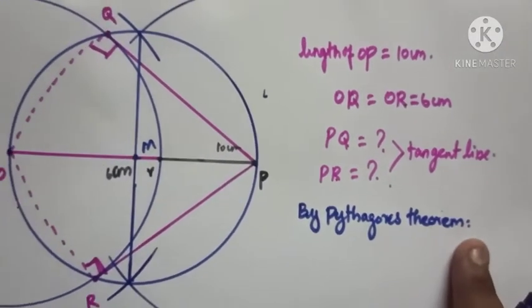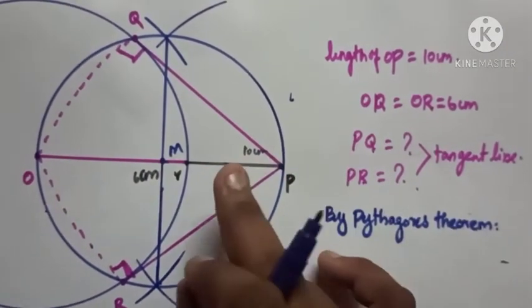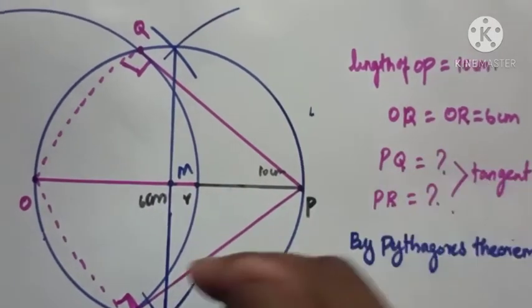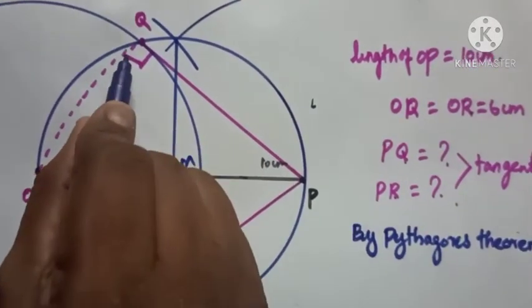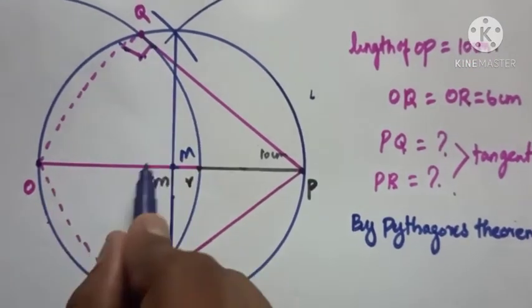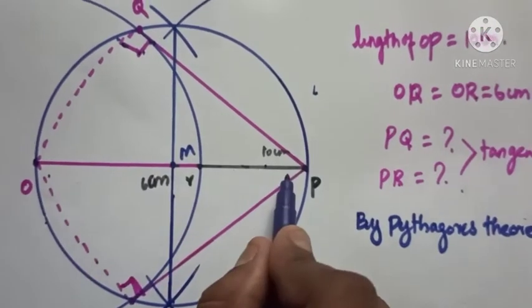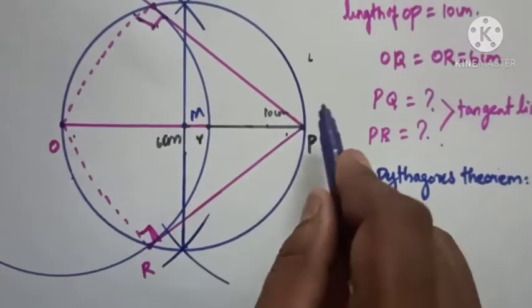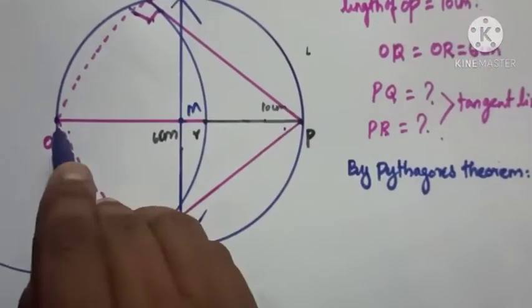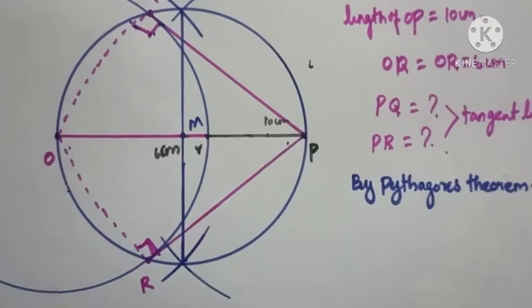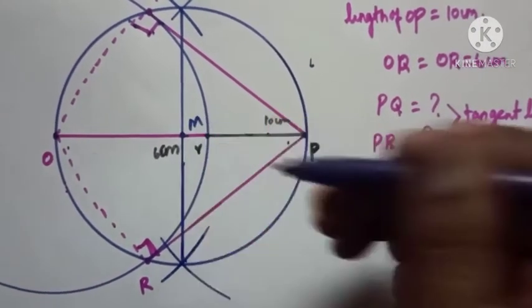It is nothing but hypotenuse square is equal to the sum of squares of the other two sides. Here in a right angle triangle, OP is the hypotenuse of both triangles OQP and ORP. So OQP and ORP are equivalent triangles.